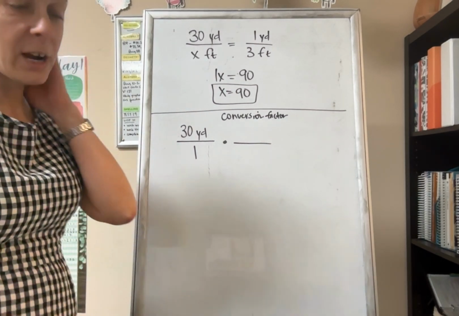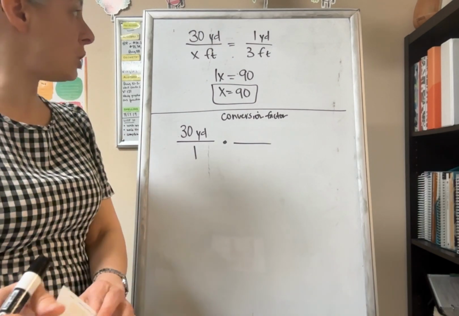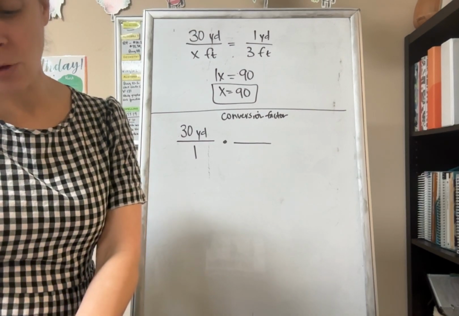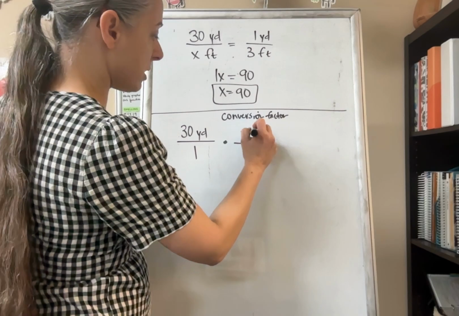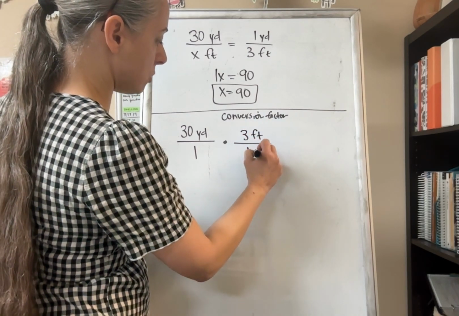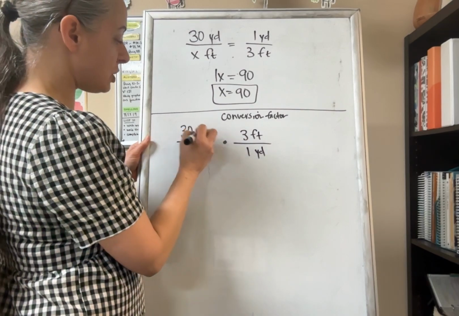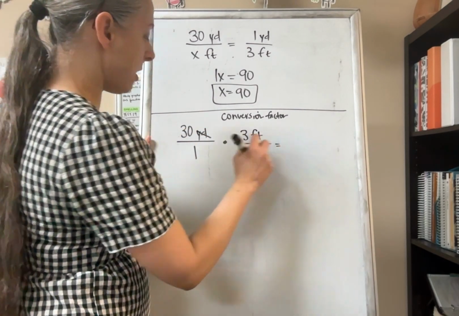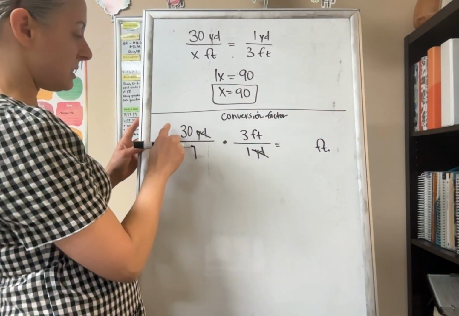Which conversion factor on that page would help me change yards into feet? Well, probably the one that says 3 feet equals 1 yard. So I'm going to say 3 feet is equal to 1 yard. I've got yards diagonal from each other so that I can cancel those units. Now the only unit I have left is feet, and I'm going to do the math.